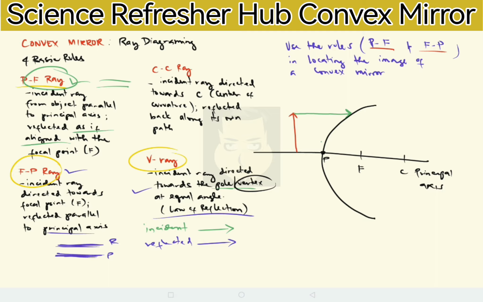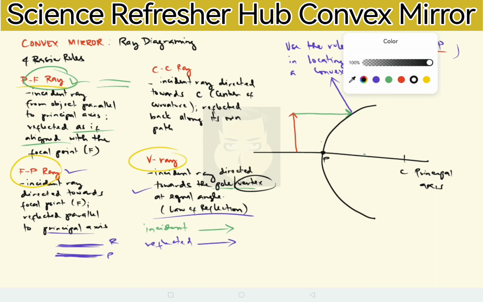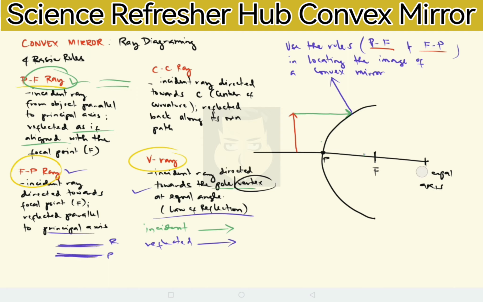Next, the reflected ray as if aligned with the focal point. So you will try to draw it here. Okay, I will change it somewhere on this side. This will be our focus, and this is going to be our C. Sorry, I changed it to satisfy our illustration here.